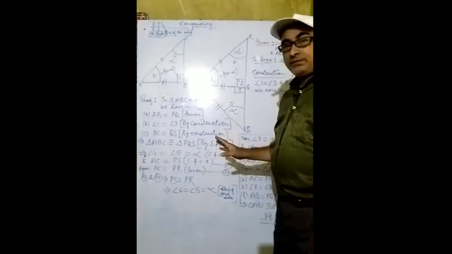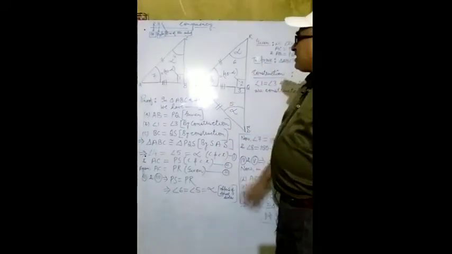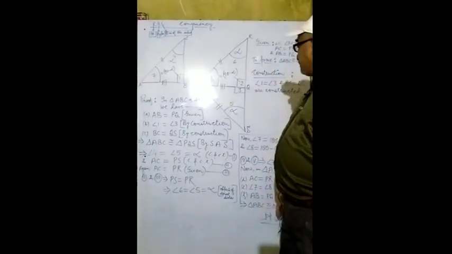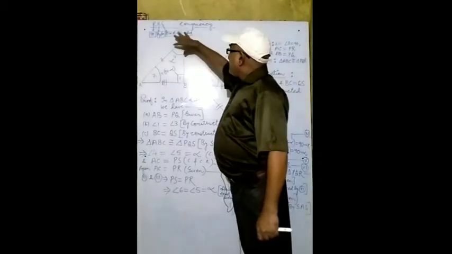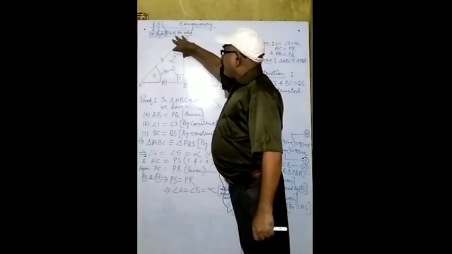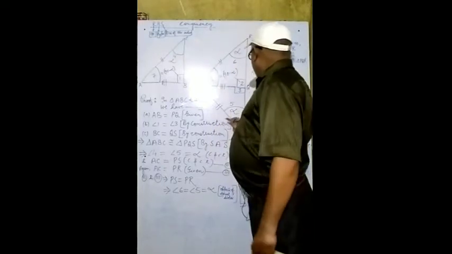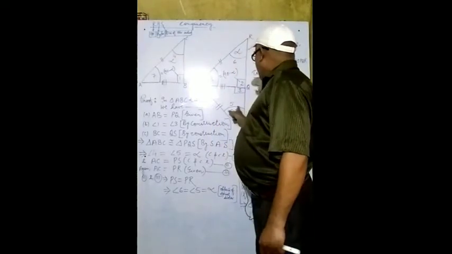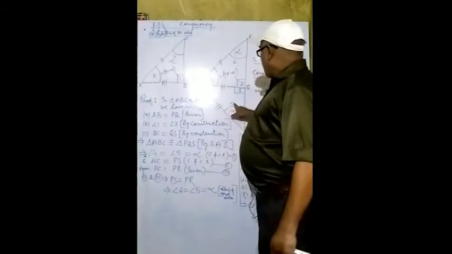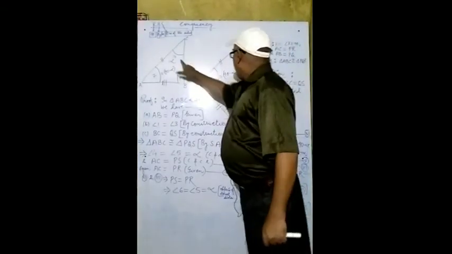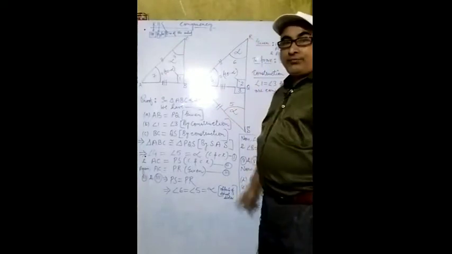We have shown here. On the basis of CPCT, what will be there? On the basis of CPCT, you can show that this complete angle C is equal to this complete angle S. This one is angle 4 and this one is angle 5. So angle 4 will be equal to angle 5.